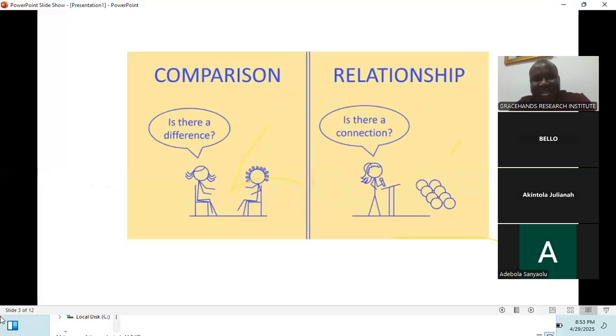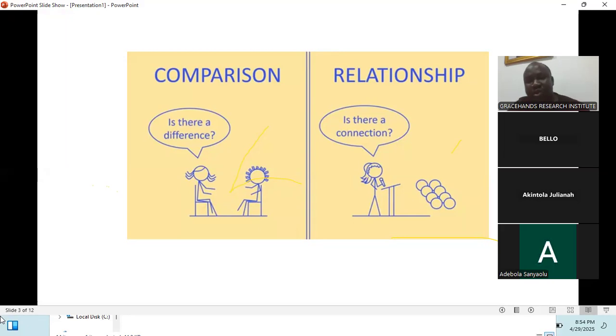Comparison. Is there a difference? Is there a difference between the score of the female student and the score of the male student? That's comparison, if you are looking at a difference between two individuals or two groups.